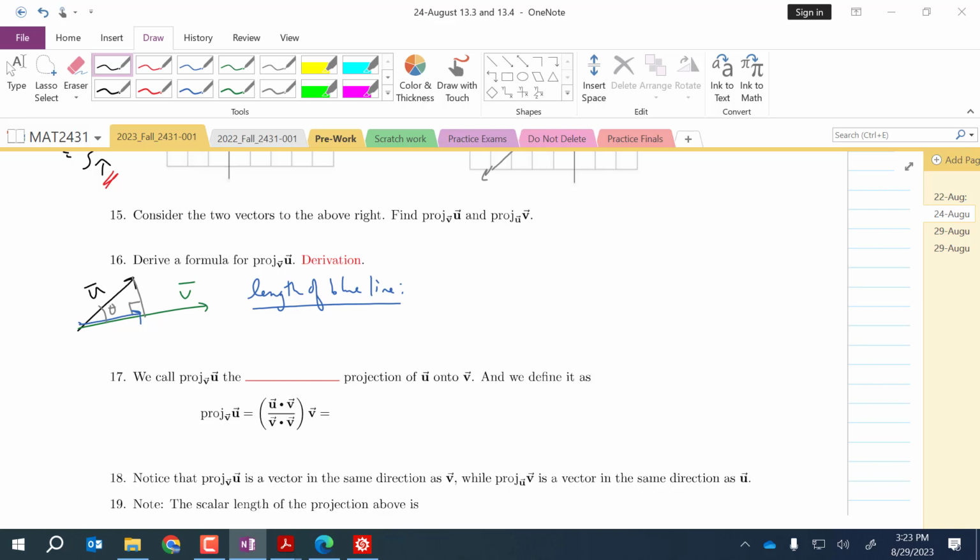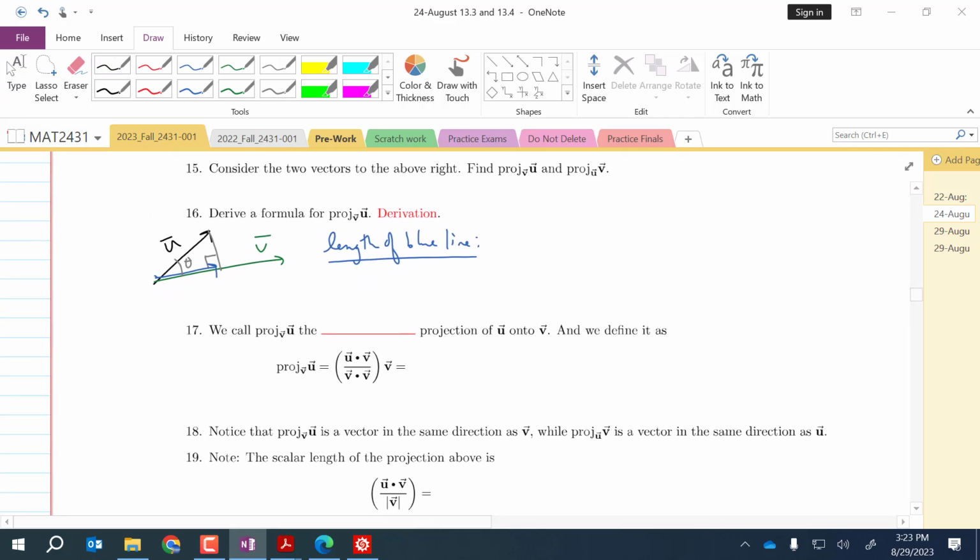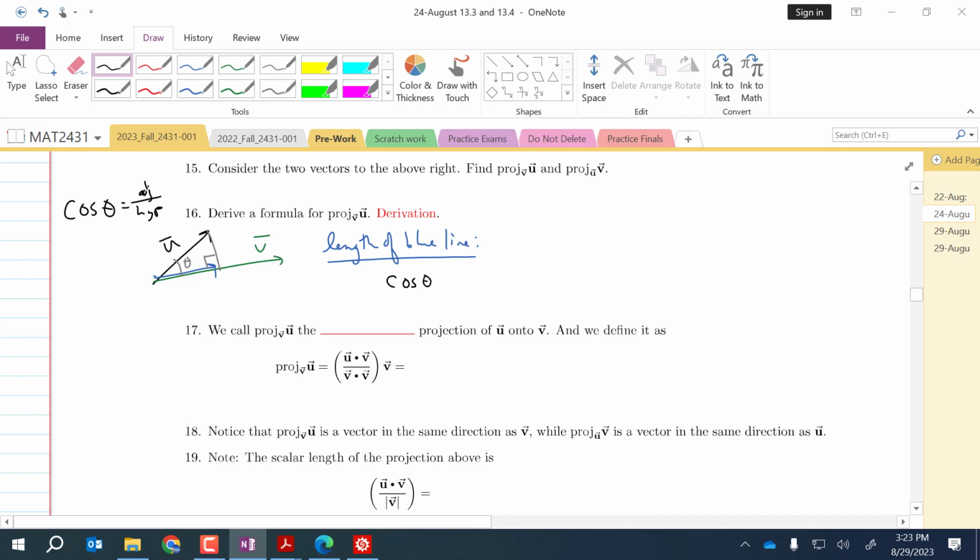What trig function are we going to use? Cosine, right? Cosine is the ratio of the adjacent side over the hypotenuse. In our case, the cosine of theta would be the length of the adjacent side, which is what we want to find, the magnitude of that projection vector, divided by the hypotenuse, which is just the magnitude of vector u.